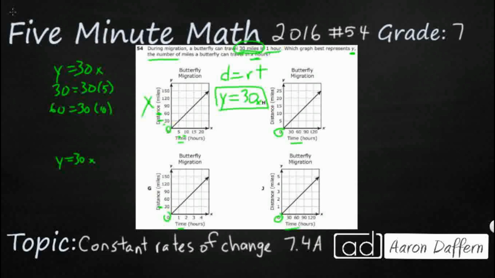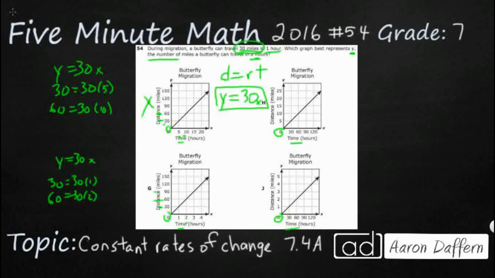So this first y is 30, and the first x is 1. 30 times 1. All right, that works. Let's check the next one. 60 and 2. 60 equals 30 times 2.